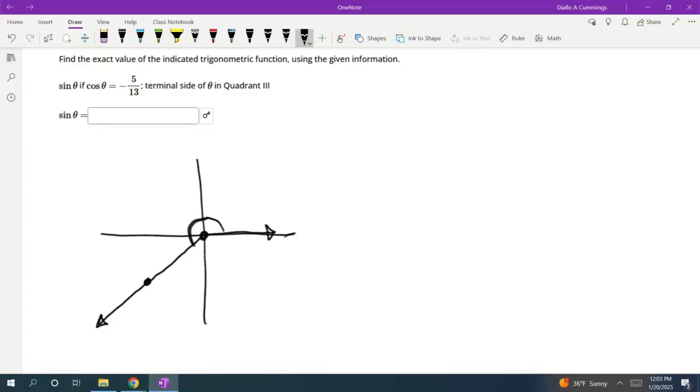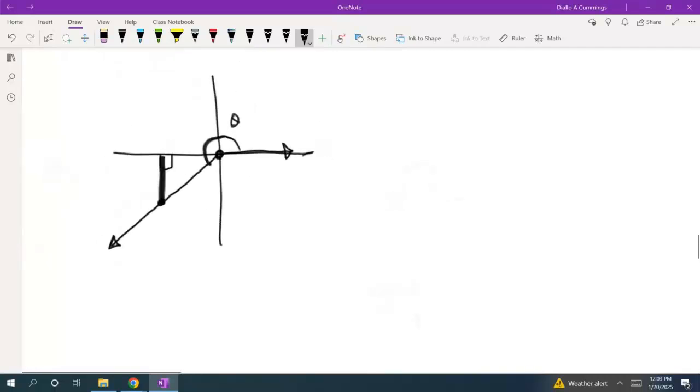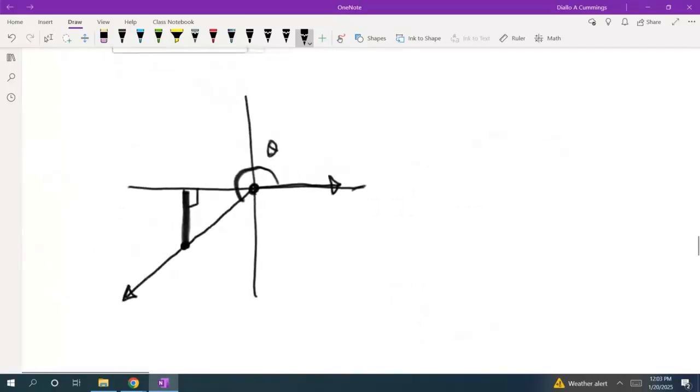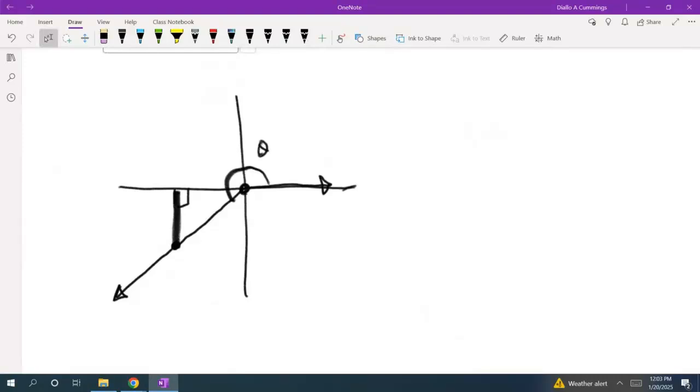This gives us our angle, right? This is our angle theta. I'm going to drop a perpendicular to the x-axis always. Right? So this gives us our right triangle. I'm going to blow this up slightly.